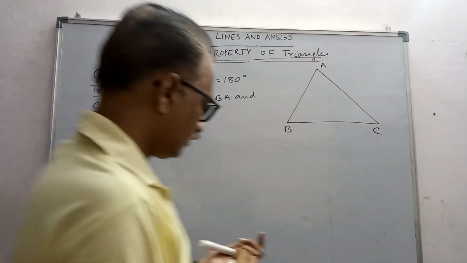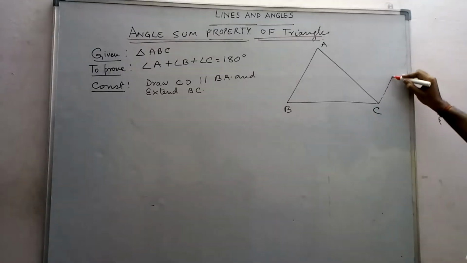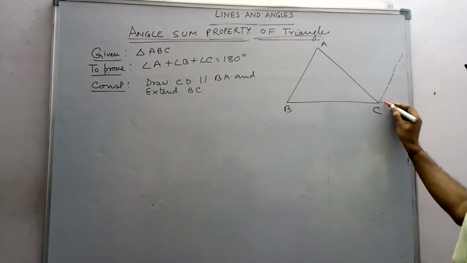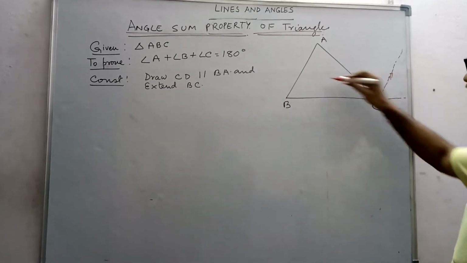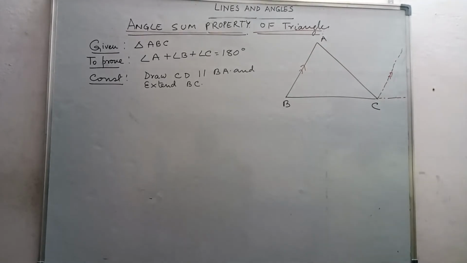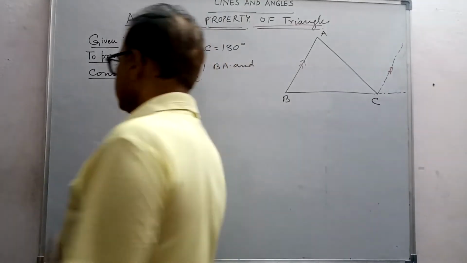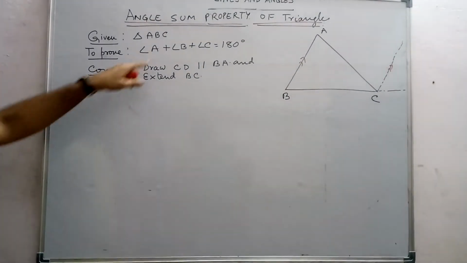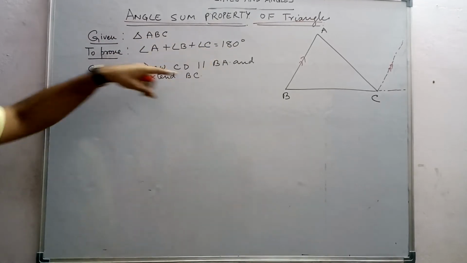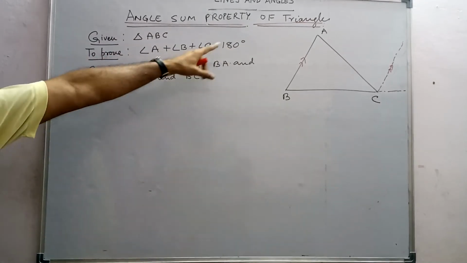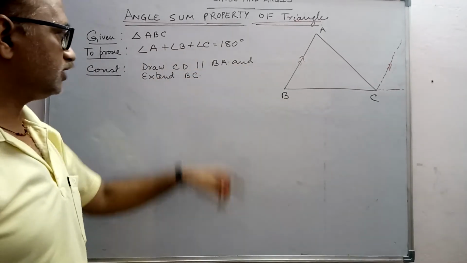So here you see we are drawing a line parallel to BA passing through C, that is this. We are drawing and extending this. We are extending this also. So you see this line and this line both are parallel. Now you have to prove that the sum of angles A plus B plus C is equal to 180. So given a triangle ABC with angles A, B and C, to prove angle A plus angle B plus angle C is 180, construction: draw CD parallel to BA and extend BC.